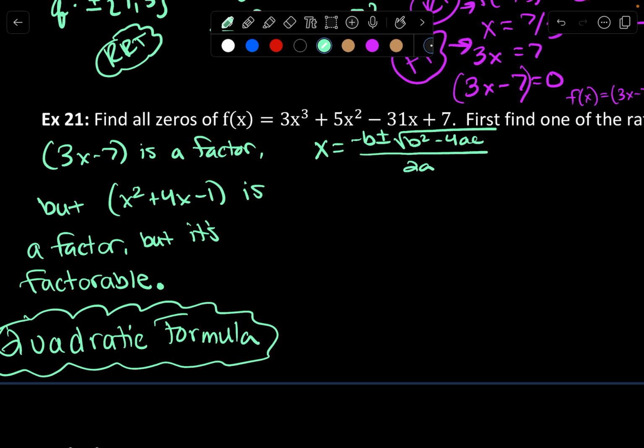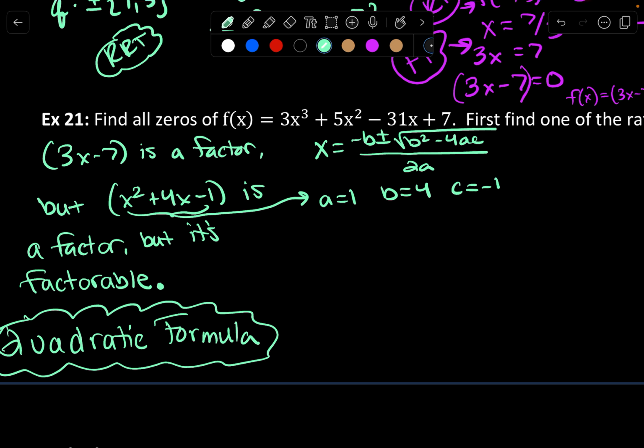And again, we use the quadratic formula to solve for irrational solutions and complex solutions. So based on what happens under the square root, that's what's going to tell us. And this is why complex numbers have conjugates, because of that plus or minus.